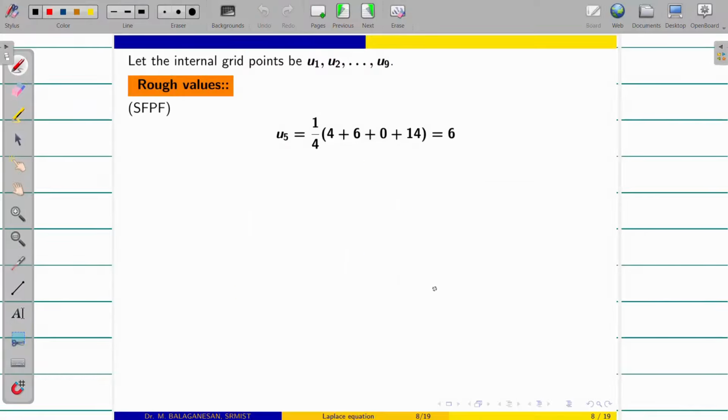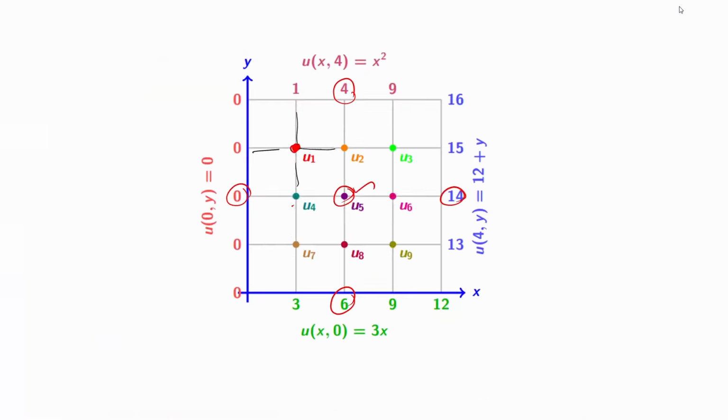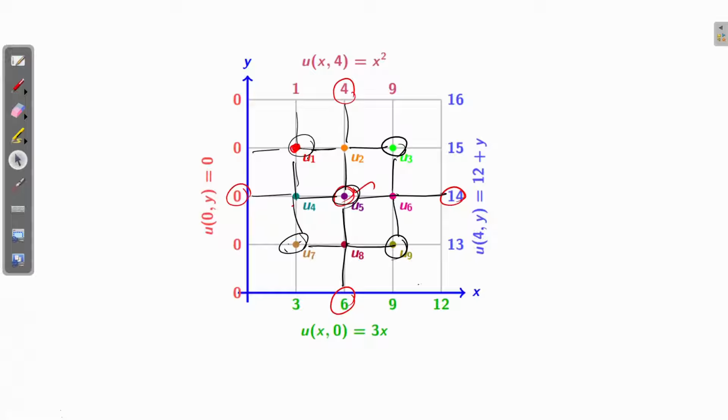Yes. U5 rough value, the diagonal 5 point formula I'm going to use for U1. Alright. What is U1? We are going to use diagonal now: this plus this plus this divided by 4.